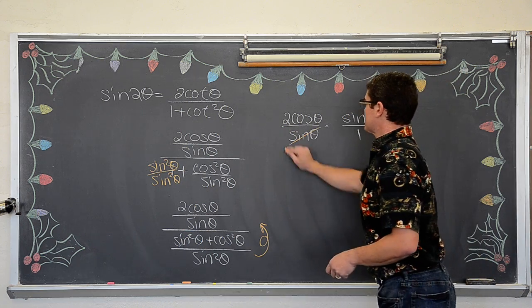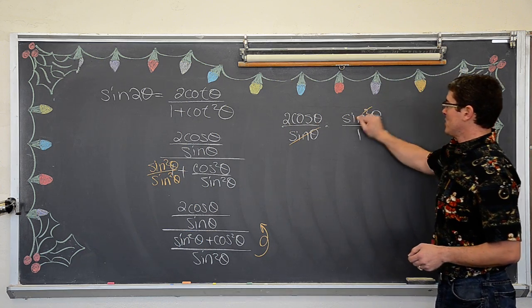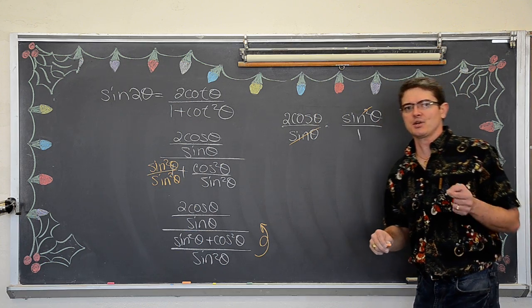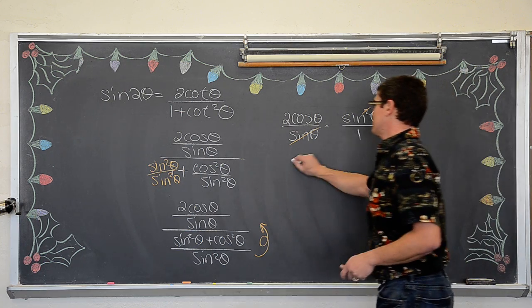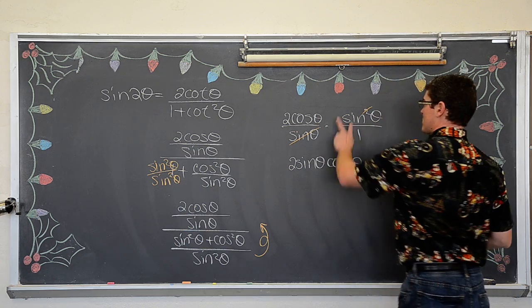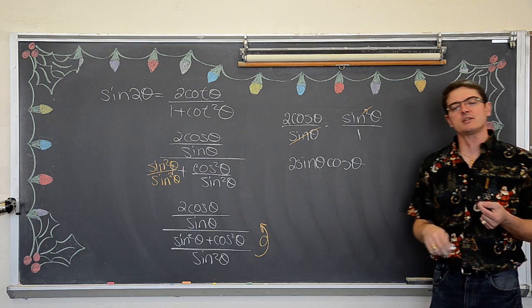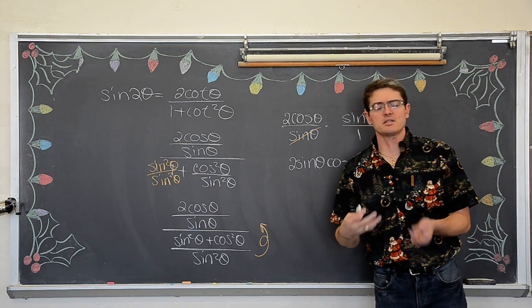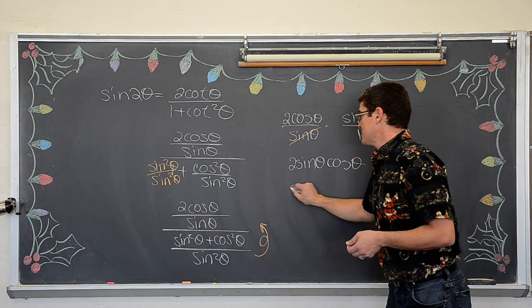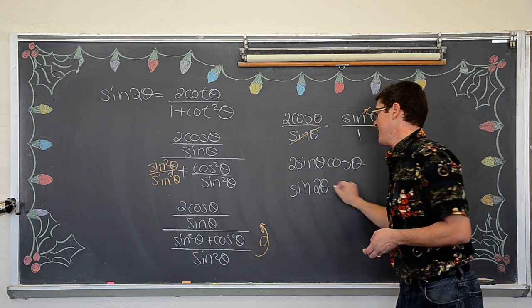These sines will cancel out. This 1 sine on the bottom will cancel with one of the 2 sines on top. Remember, you can cancel out factors, but not terms. And we get 2 sine theta cosine theta. I'm just turning the multiplication around to perfectly match the identity. And that's okay, because 3 times 5 is 15, and 5 times 3 is 15. And this is the sine of 2 theta.